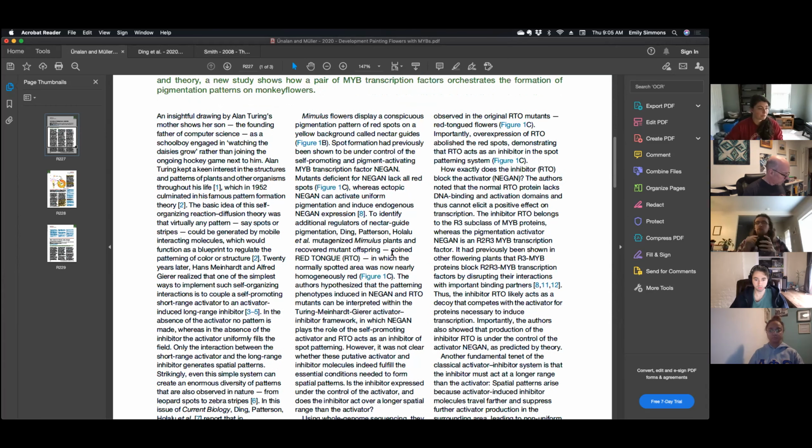So if you envision a transcription factor network as having a promoter region along the piece of DNA, what's happening in our network in particular is that this RTO is inhibiting the production of the transcription factor MYB, or Negan.